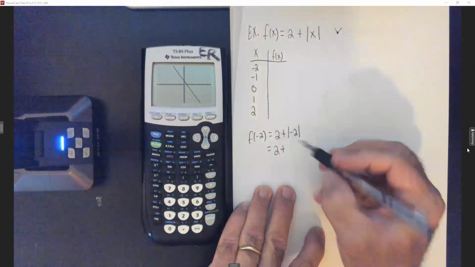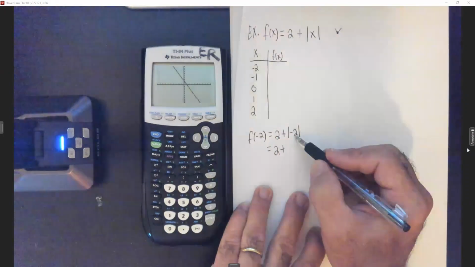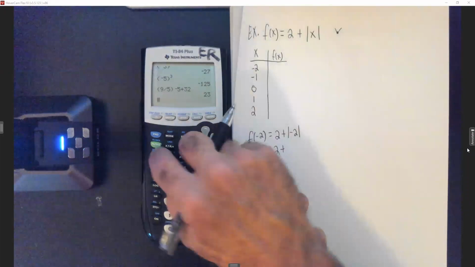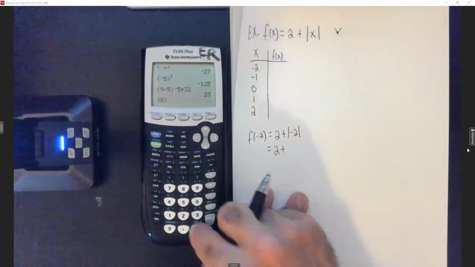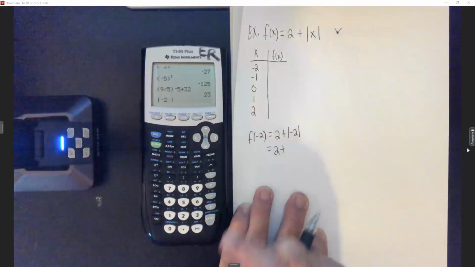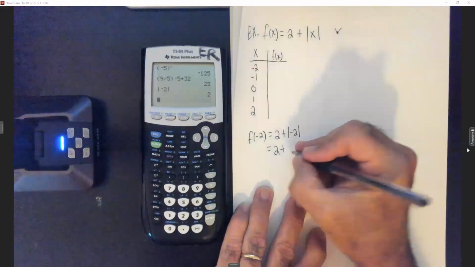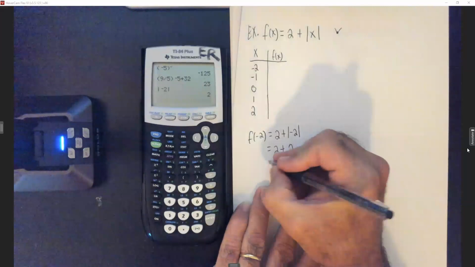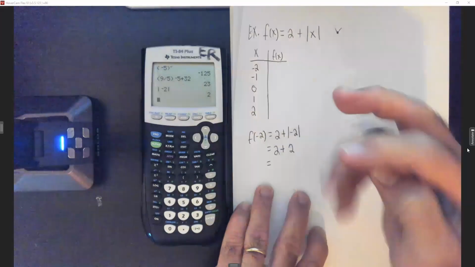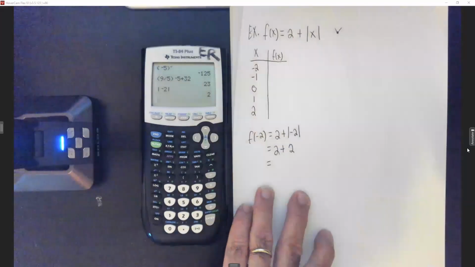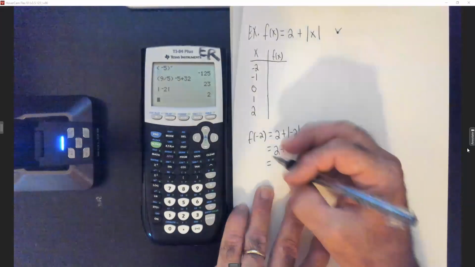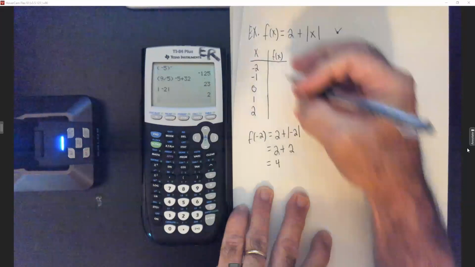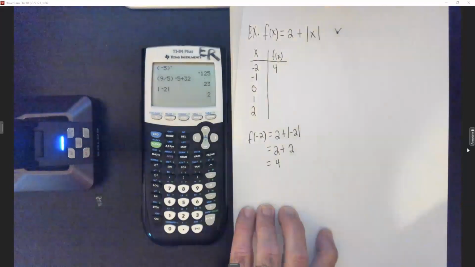If you hit math and go to number, hit enter on absolute value, and put in a negative 2, the absolute value of negative 2 is a positive 2. Remember, once it comes out of those bars, it better be positive, okay? All right, 2 plus 2 gives us 4. So when x is negative 2, y is 4.